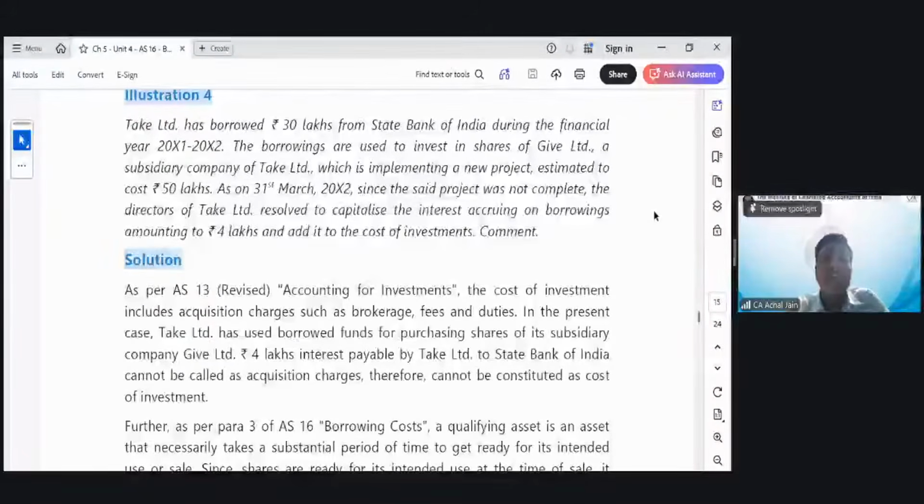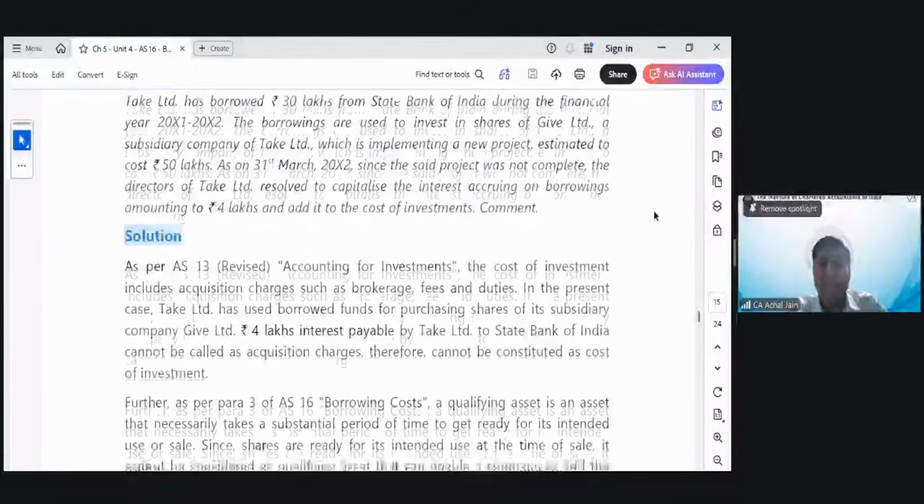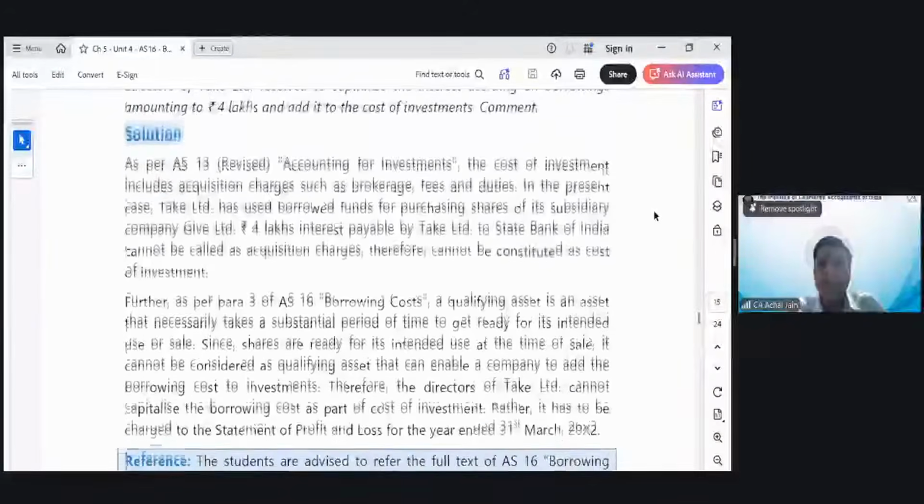So if we look at Take Limited, which used borrowed funds for purchasing the shares of the company, rupees 4 lakh interest payable by Take Limited, the investor, can you call it a cost which you can just capitalize with the cost of the investment?